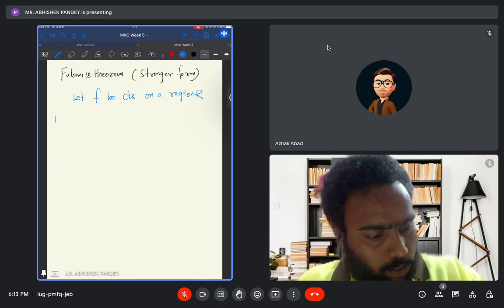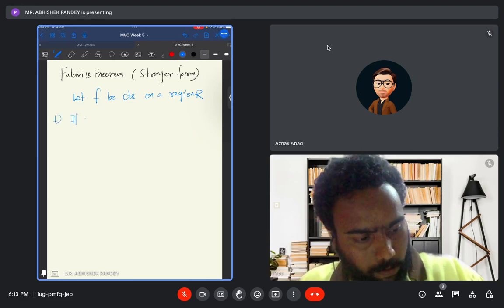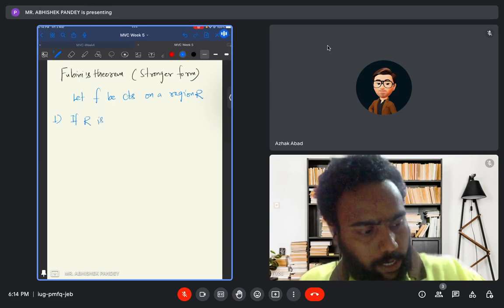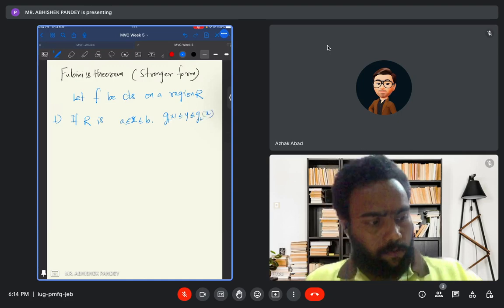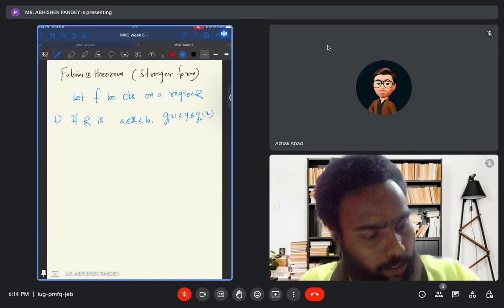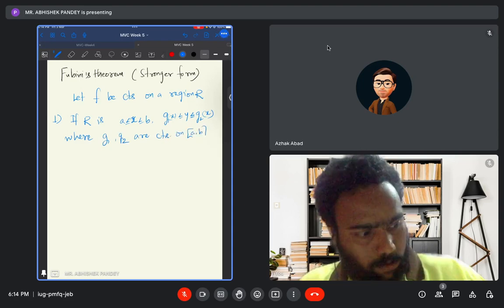The first one is if R is such that x is from a to b and y is between g1(x) and g2(x), where g1 and g2 are continuous on [a, b].